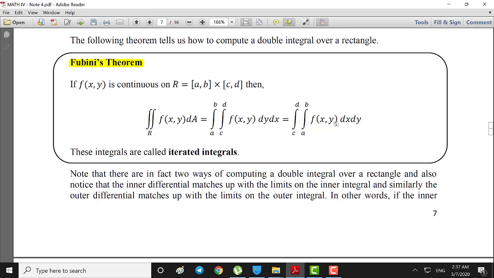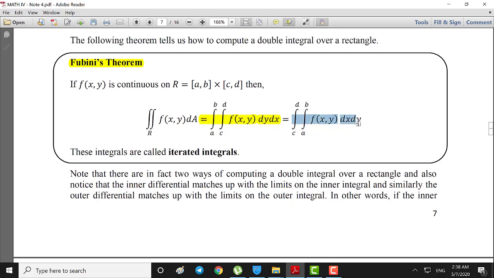Now, we're going to get to what this means in a minute. For the moment, know that these integrals that now have lower limits and upper limits are called iterated integrals.